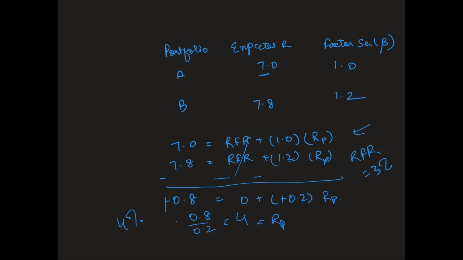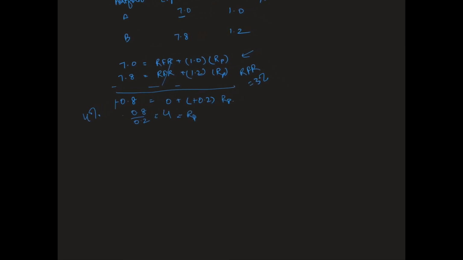Okay, so there's a second part to this question where it says verify that portfolio C with an expected return of 6.2% and factor sensitivity of 0.8 is priced correctly. So beta is 0.8, expected return is 6.2%.